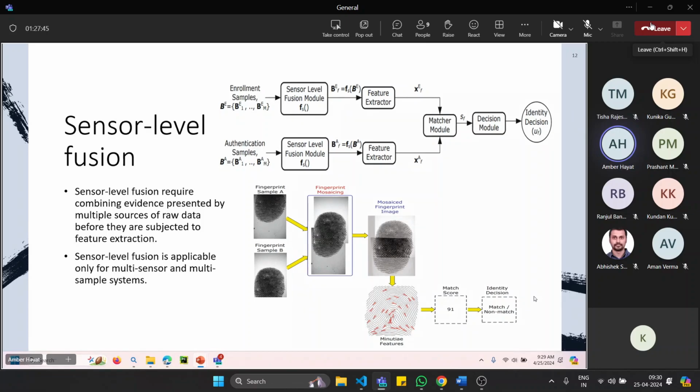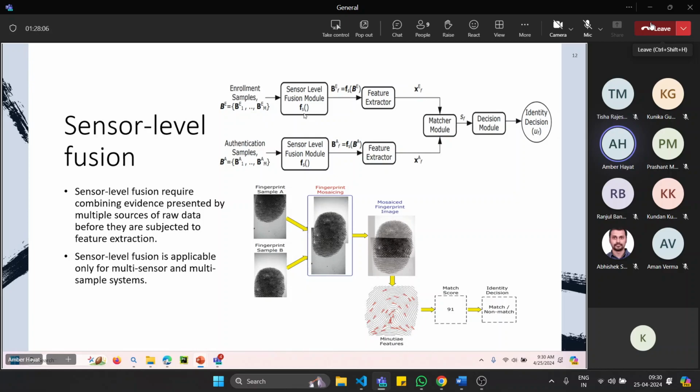Okay, so in the flow chart above, enrollment samples will be there. At enrollment time, you take multiple samples, B1 to BM, a total of M samples of a user. Then at sensor level, the function F will be used to fuse them.